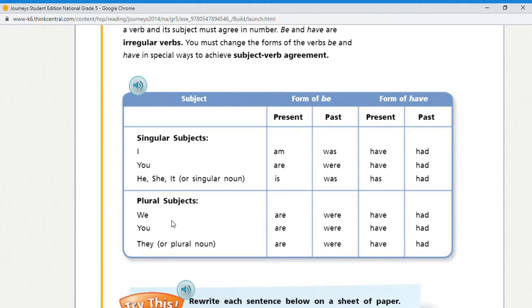So we were, you were, they were, the boys were, the girls were. And in the present, it stays as it is, have. And in the past, it's had in all its cases, whatsoever the subject is. Okay, so this is the idea of forming verb to be and verb to have.